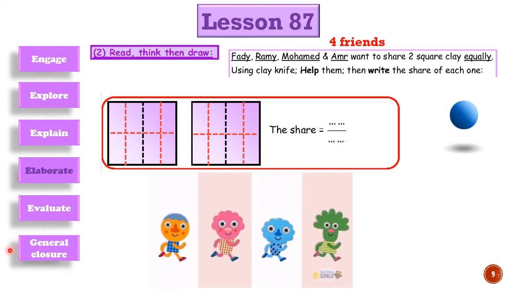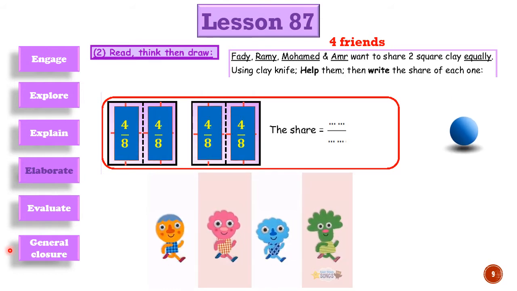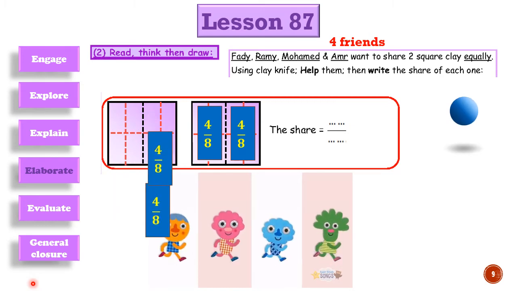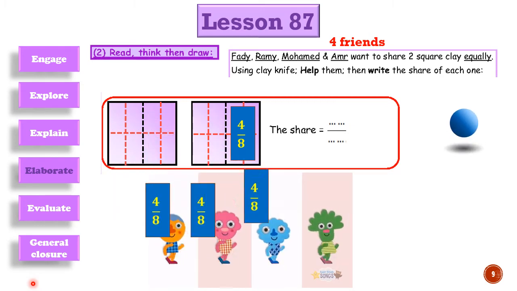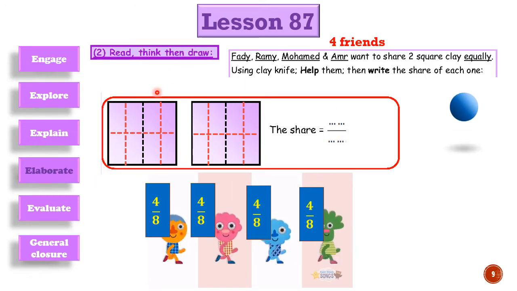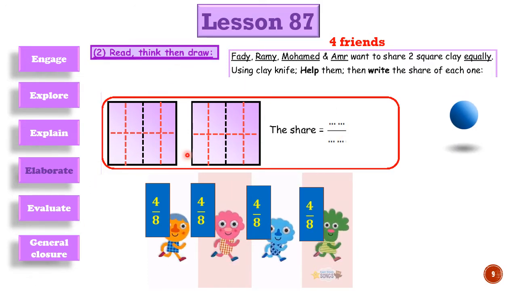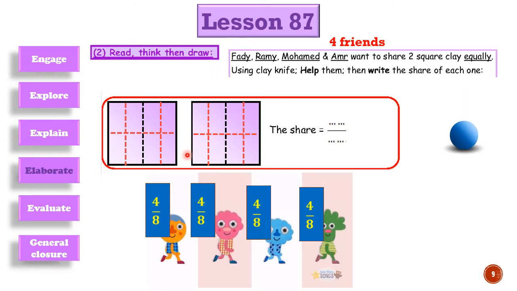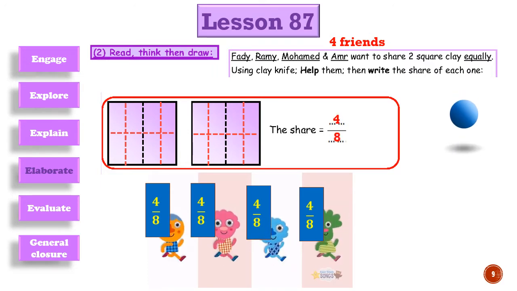Yes, excellent job. 4 parts out of 8. 4 eighths. Then the first one will have 4 eighths, and the last one will have 4 eighths. Is anyone left here? No, then they are divided equally. The share will be 4 eighths.